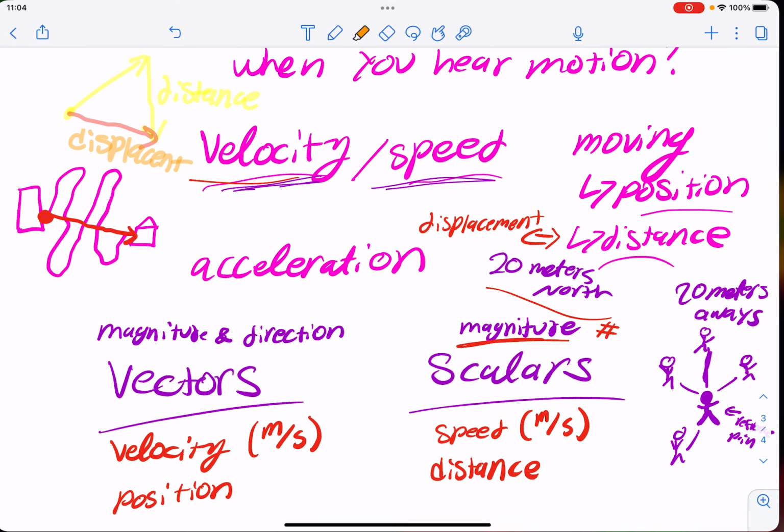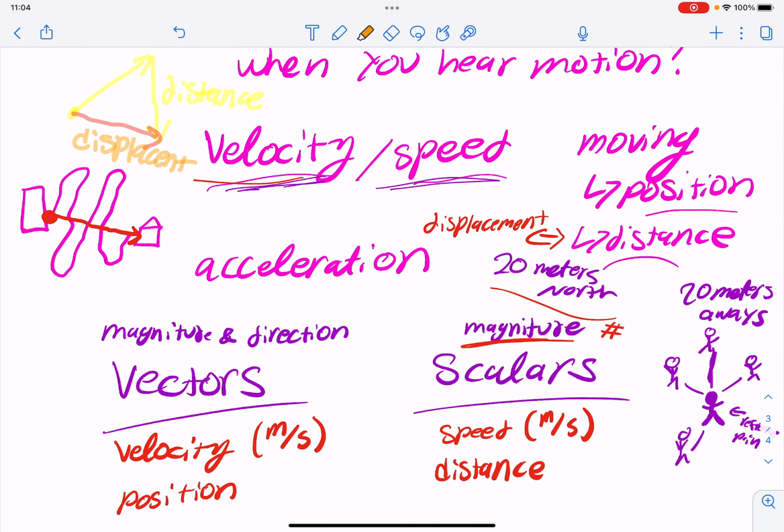So our displacement has a direction, right? We just know how far we walked in the distance. But our displacement, let's say this is southeast, right? So our displacement was southeast, but our actual distance, we ended up moving up and then over, right?